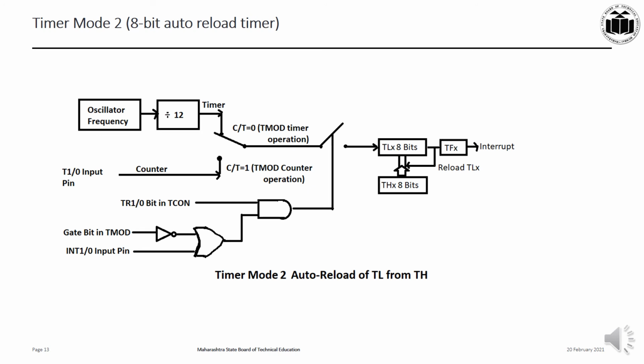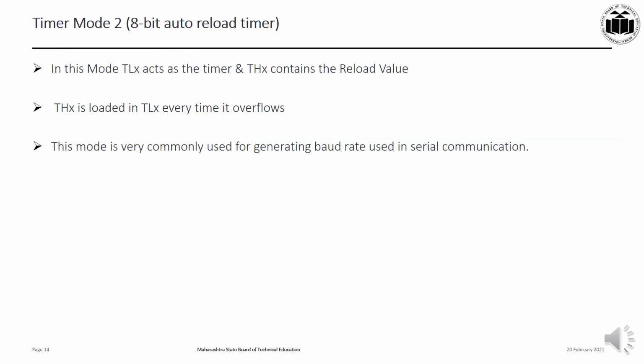This is timer mode 2, which is also called 8-bit auto reload mode. As the name suggests, we are using the 8-bit registers in this mode. In mode 2, TL0 or 1 acts as the timer and TH0 or 1 acts as the reload value.